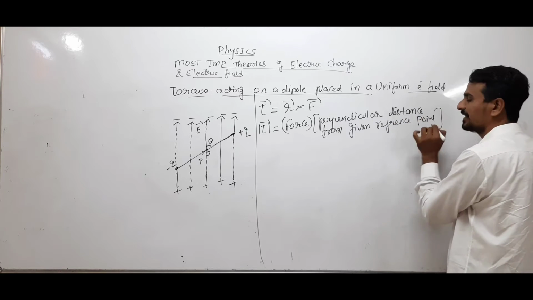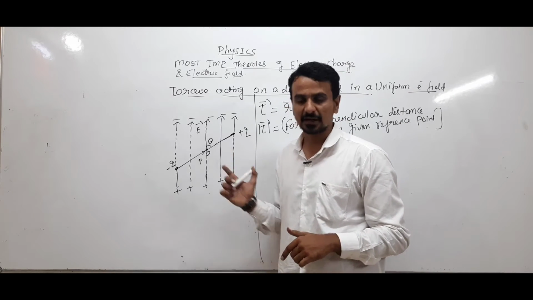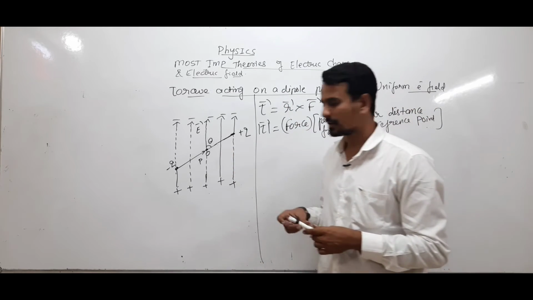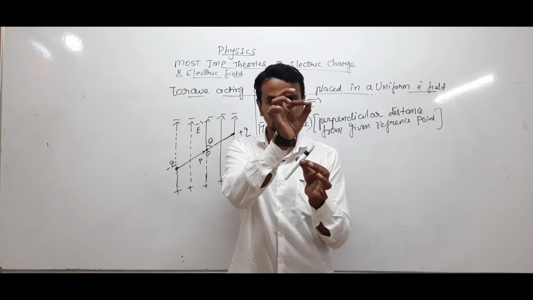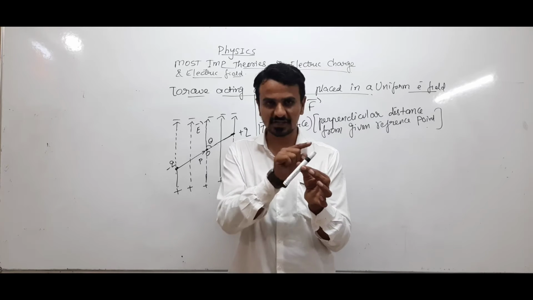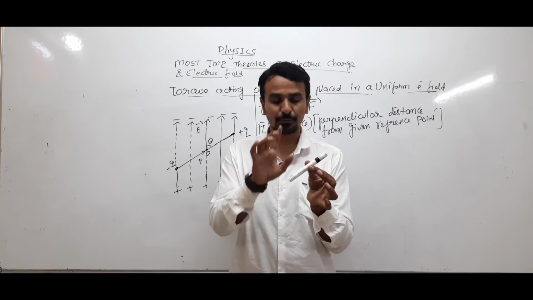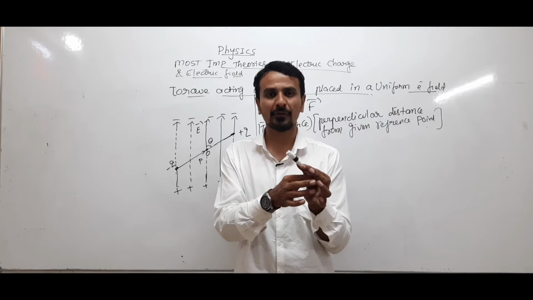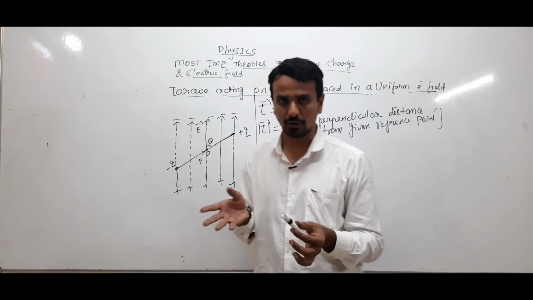Now in this case, what is the perpendicular distance and how will we calculate the torque? Of course, the dipole is placed in this manner, with force QE in this direction and minus QE in this direction. If both forces have the same magnitude but act from different points, the dipole will rotate. That means it will experience some torque.